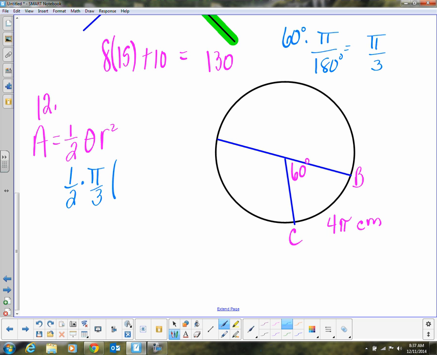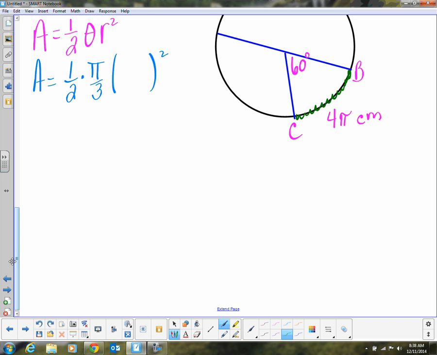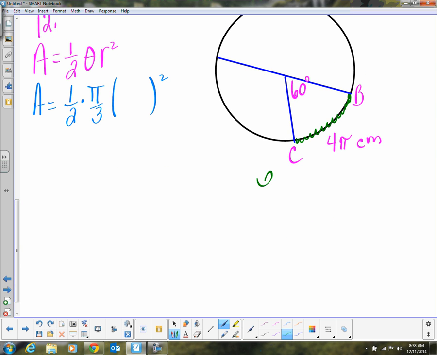What do we need now? Did they tell us the radius? That's degrees. It's not a radius. They did not, but they gave you the length of this arc for a reason. What is the arc length formula? L equals theta r, not r squared. So you need to make sure this is in your study guide.